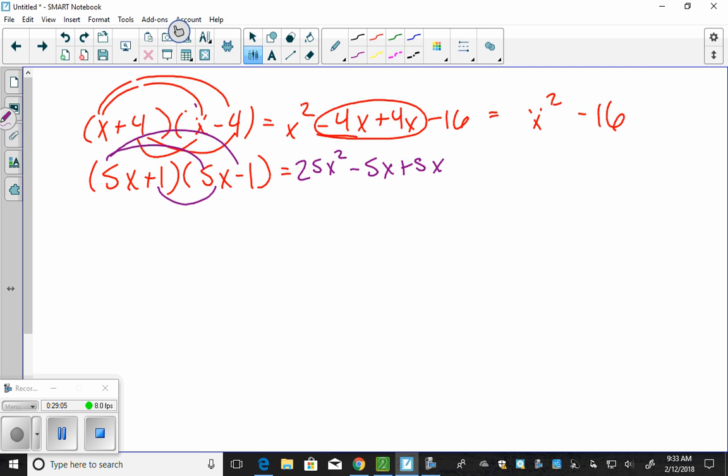And then 1 times negative 1 is negative 1. Combine like terms. What does the middle do again? They cancel out. So I'm left with 25x squared minus 1.